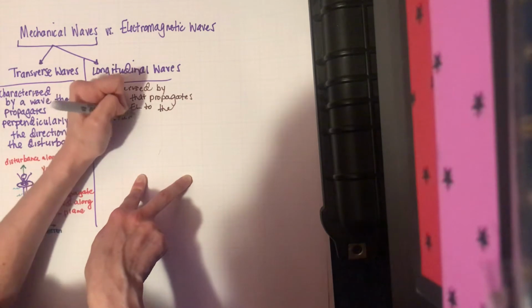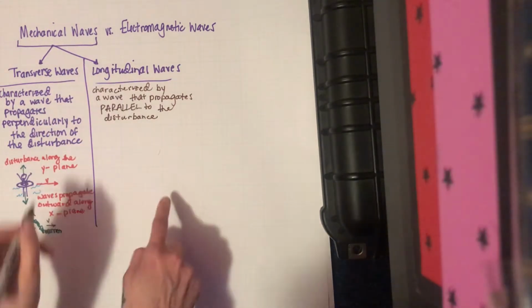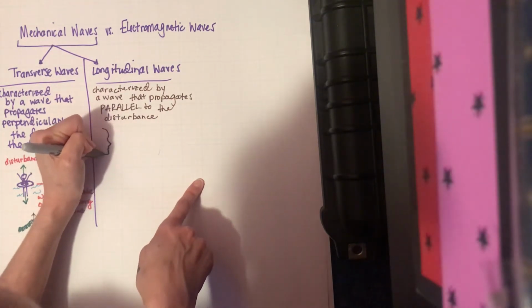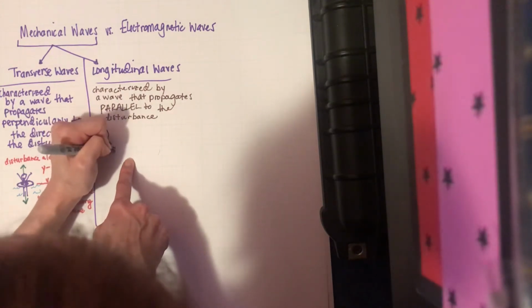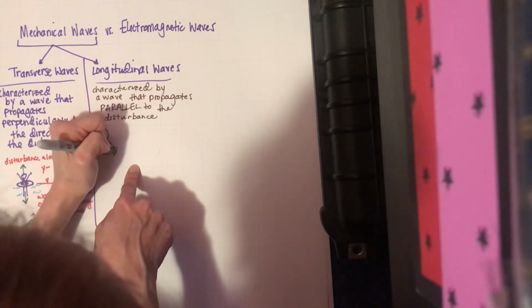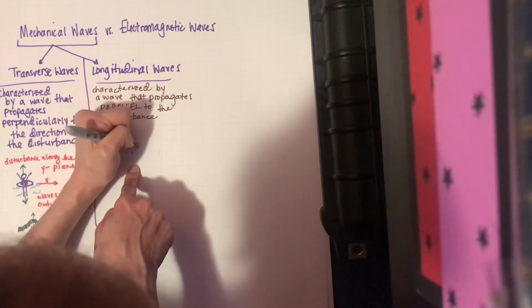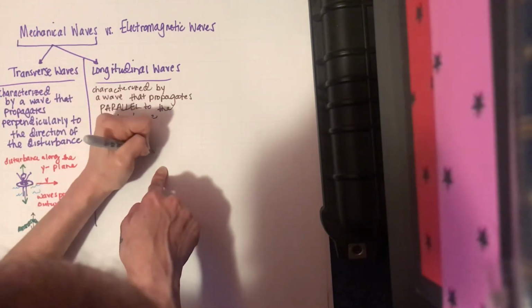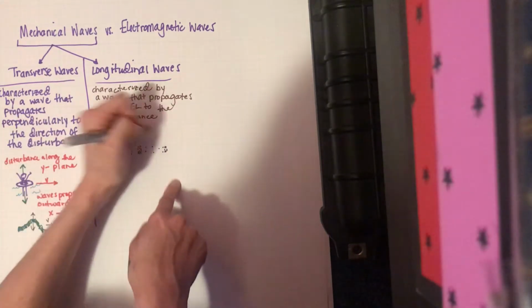In other words, for example, when you speak, you are creating pressure bands in the air molecules: high pressure, low pressure, high pressure, low pressure, high pressure, and so on.